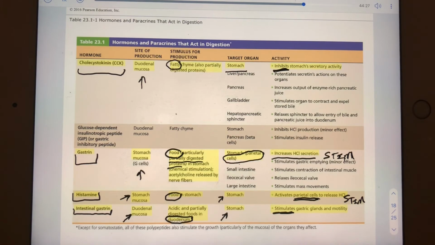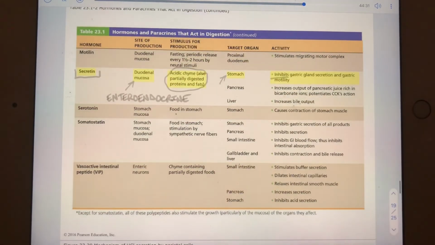I'm moving on to slide 20, which is really the same table. And there's yet another term that we've already run into here, the term secretin. And secretin, along with cholecystokinin that we talked about on the previous slide, is a product of the duodenum.